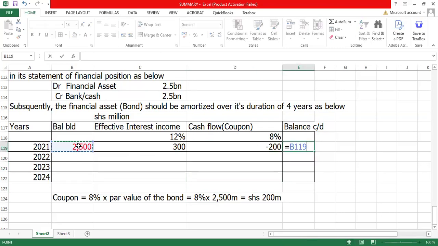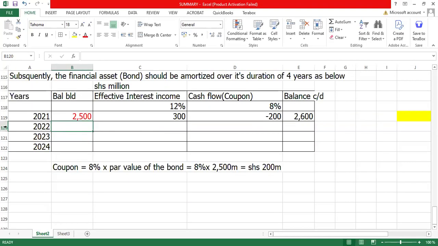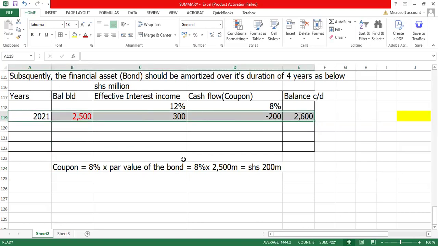So you get this plus this, then minus the 200. Okay, so we test for impairment. Since it happened on the 31st December 2021, we test for the impairment.